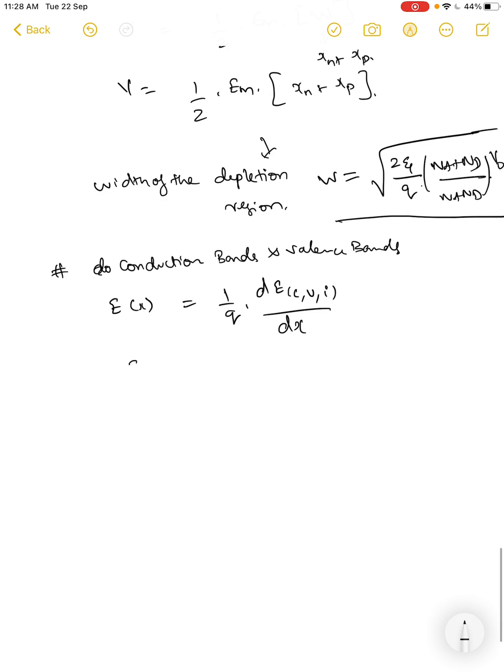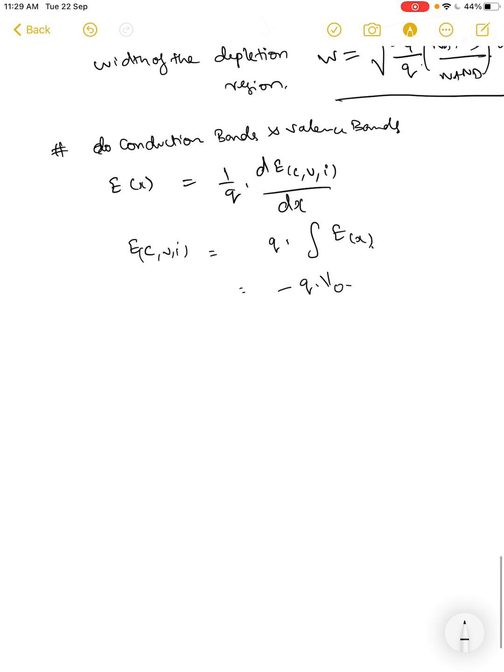So Ec, Ev or Ei, whatever it is, all of them will vary such that it is minus q times the integral of E of x. And what is the integral of E of x? It is again the potential, minus q times V, and we saw how the potential varies.